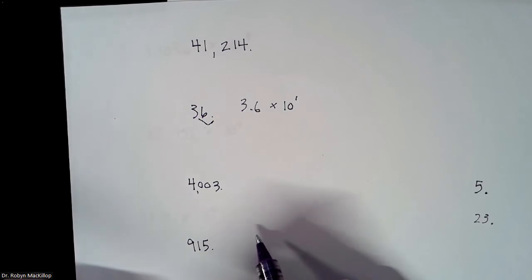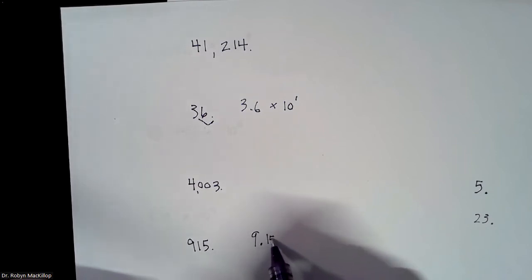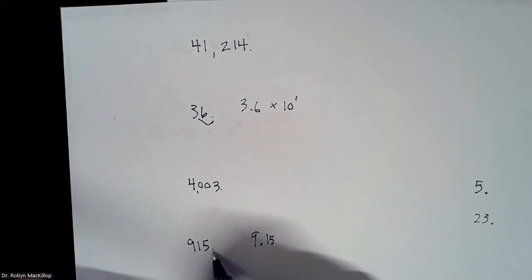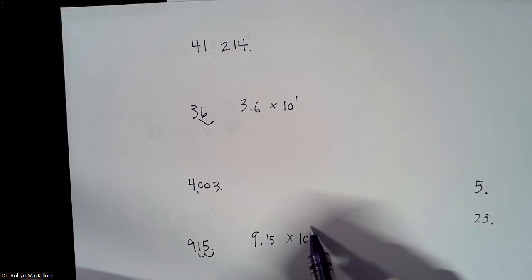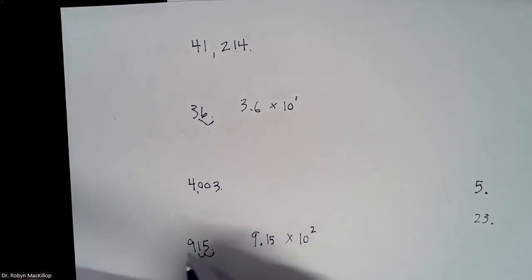You're dealing with positive numbers. So we're here with 915. We're going to start with 9.15. And how many places did we move that decimal? 1, 2. So this is going to be times 10 to the second. We move that decimal 2 spaces to the left.